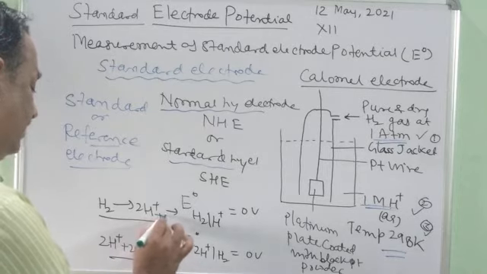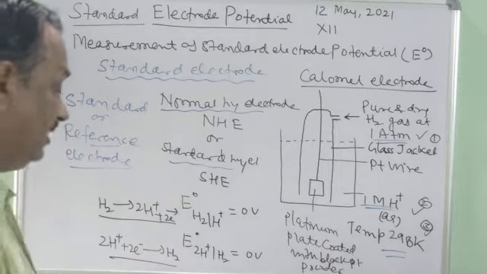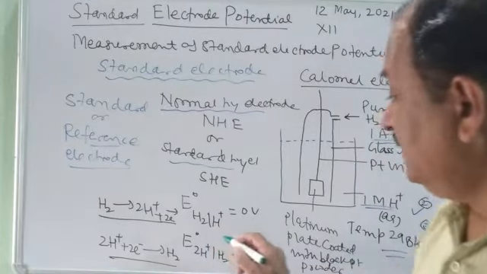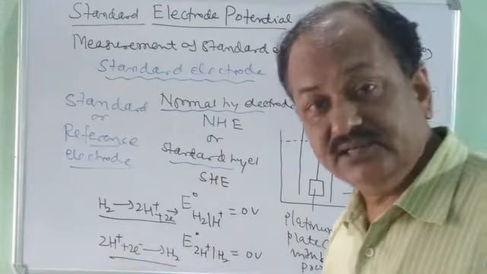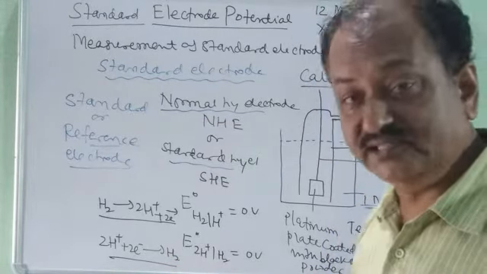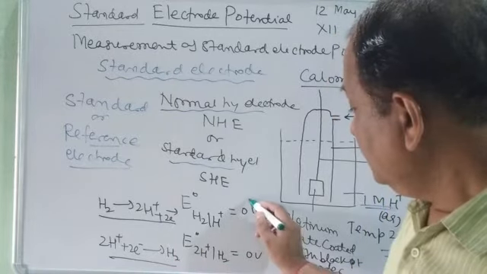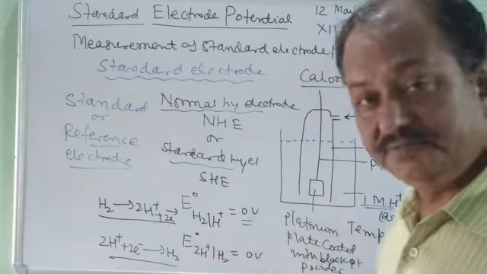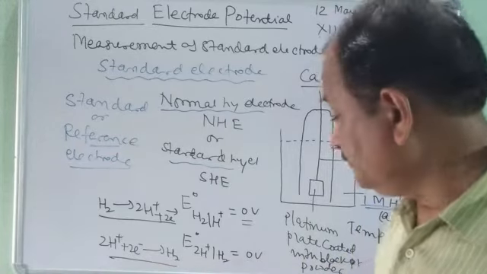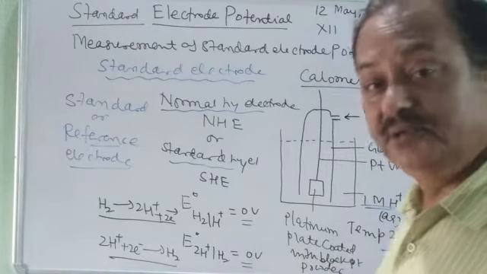What is very important is that this is called the oxidation half cell or standard oxidation potential, and here it is 0 volt. This is the reduction, gain of electrons, so it is 0 volt.